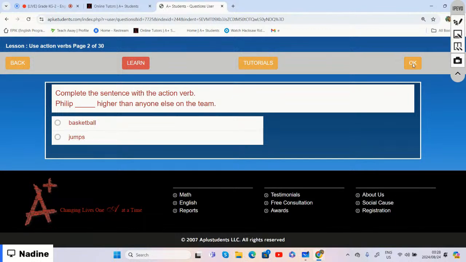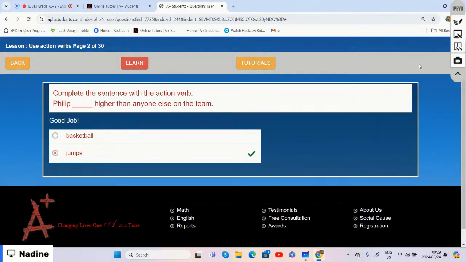So basketball or jumps. And if we choose the correct one, we can say Philip jumps higher than anyone else on the team. So jumps is correct.